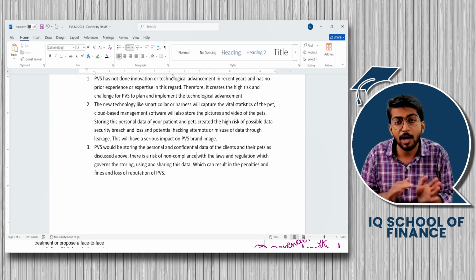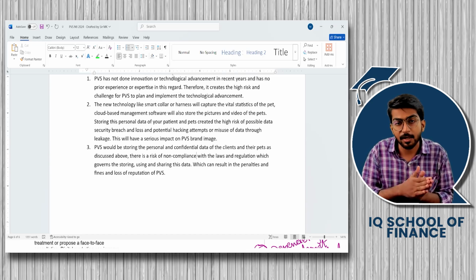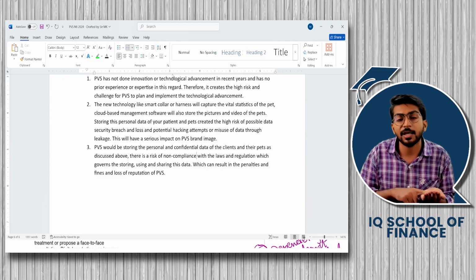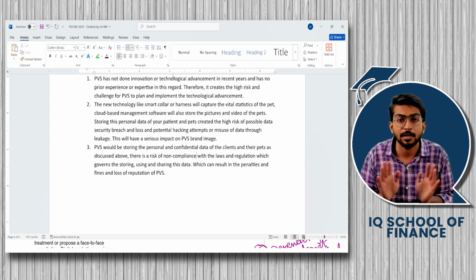Simple. See how organically, in a very structured way, I started from the point that we are storing the data. Laws are applicable on me. There is a risk that I would not comply with them. Fines and penalty would come. It will affect my reputation, brand, and profitability. Simple.